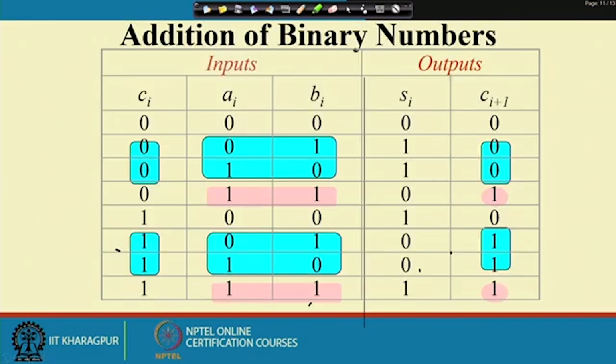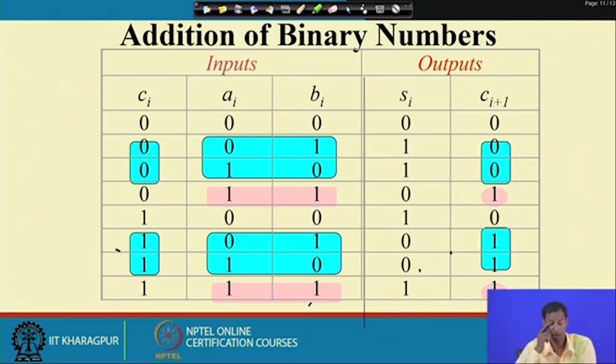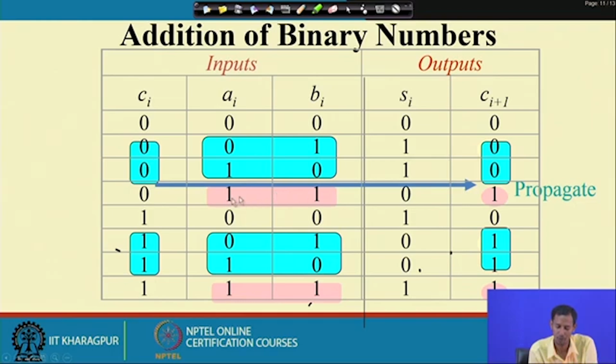Now again come back to the truth table of the full adder. Here you see, for 0 1 and 1 0 of inputs A and B, whenever the carry bit is 0, the carry output bit is 0 and only the sum is 1. But whenever A and B are both 1 1 and carry is 0, the carry out is 1.